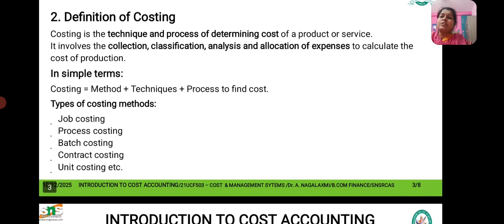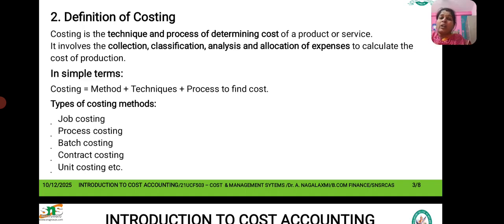Now we are supposed to know what is meant by costing. Costing is nothing but a technique or the process for determining the cost of a product or the service rendered. So the technique or process used by us in order to determine the cost is said to be costing. It involves collection, classification, analysis and allocation of expenses to calculate the cost of production.